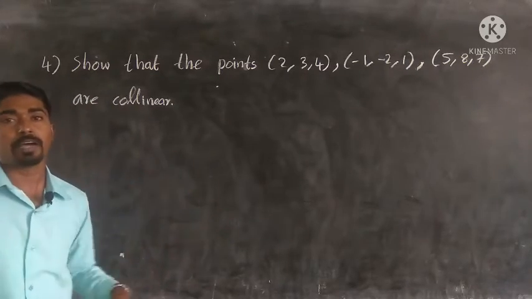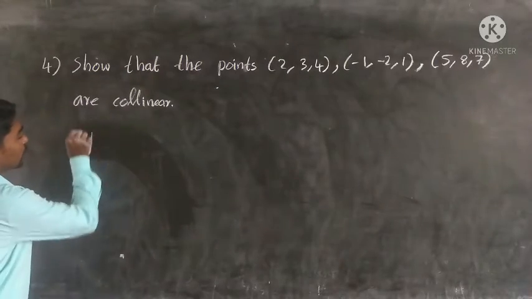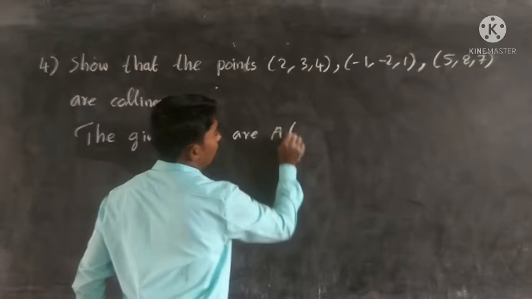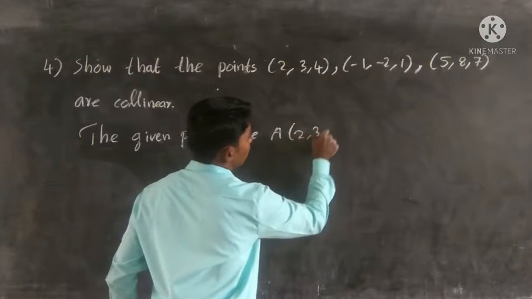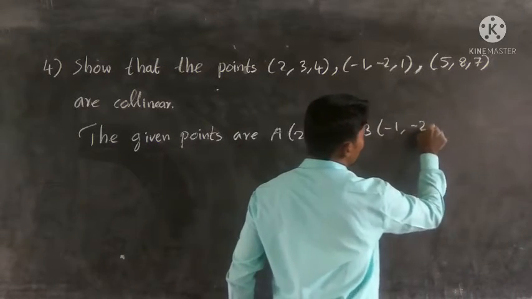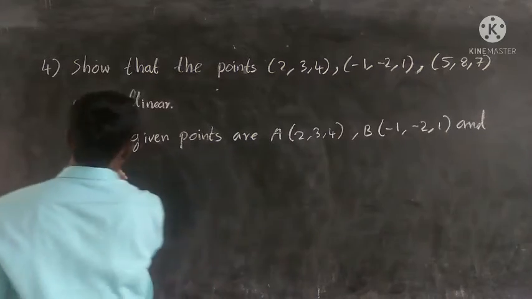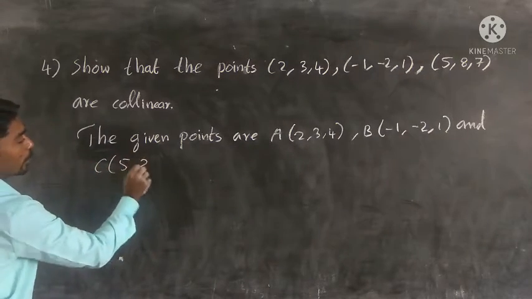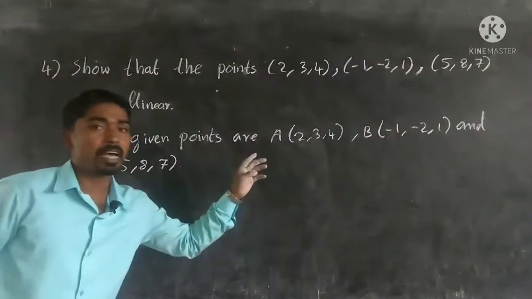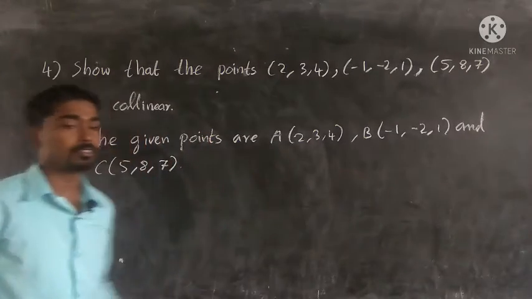Let us consider these points as A, B and C. The given points are A of 2, 3, 4, B of minus 1, minus 2, 1, and C of 5, 8, 7. Then we are going to find the direction ratios of AB, BC and CA.